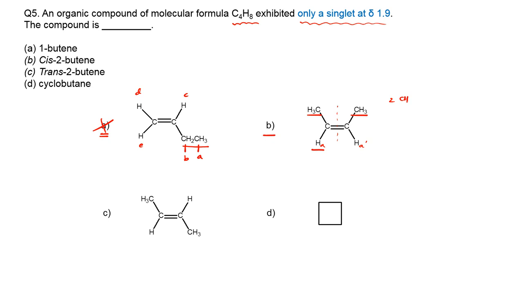We can write it like this: these two CH3s will give a doublet, while these two H A and H prime will combinedly give a quartet. So therefore, this is not the expected answer for us.